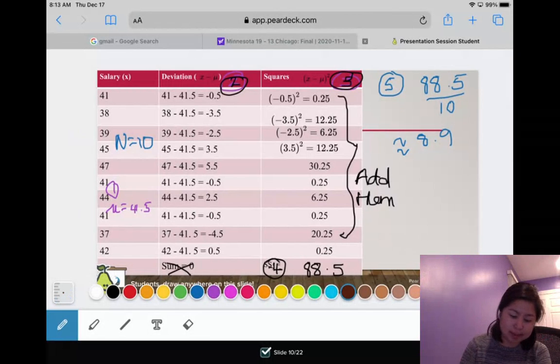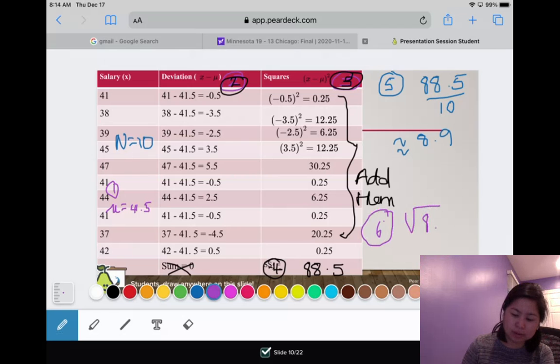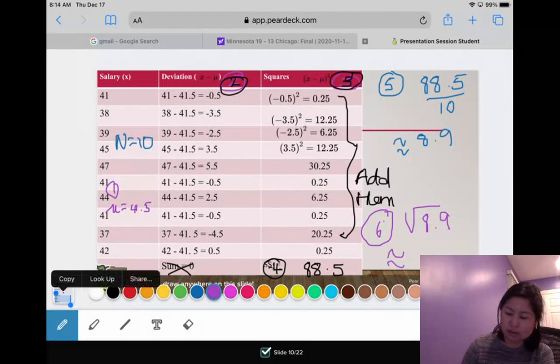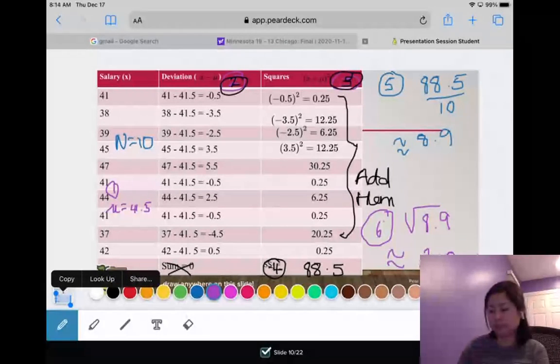The last step to find the standard deviation is step number 6. I'm going to take the square root of whatever is in step number 5, and that would give me about 3.0.